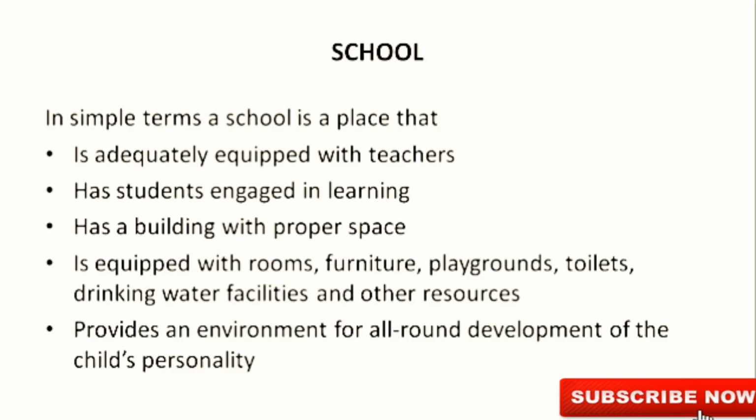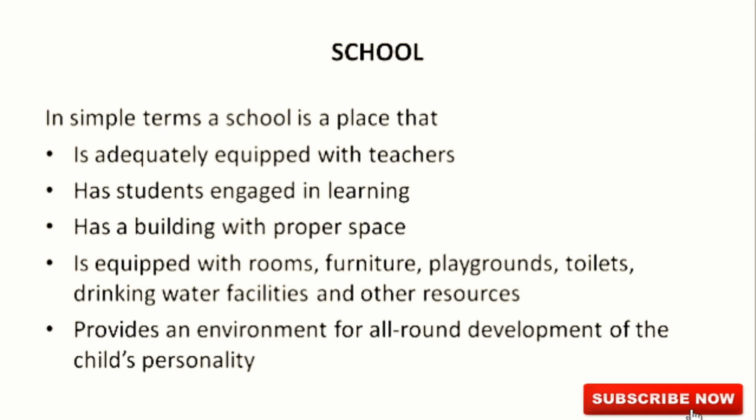I will tell you some of the points to be kept in mind about what a school is or how a school should be. In simple terms, a school is a place that is adequately equipped with teachers as students engage in the learning process.